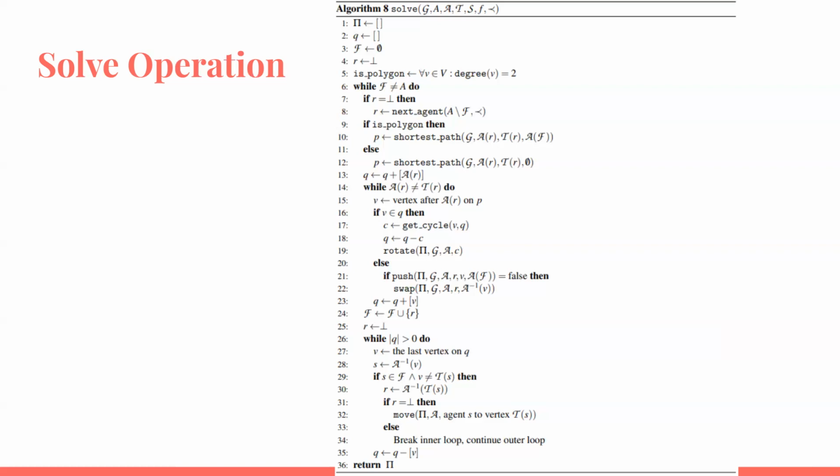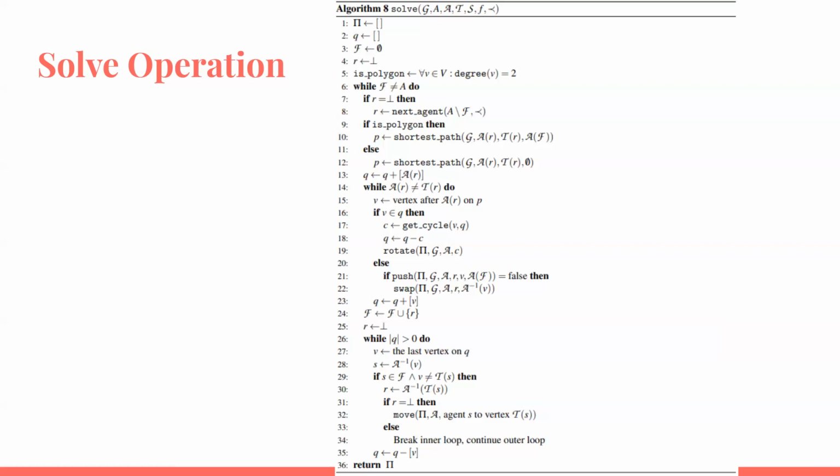It's also important to mention that when an agent reaches its final destination, it is added to a set F, which is all of the finished agents. The path that it has traversed gets recorded in Q. And the finished agents can't be pushed, only swapped or rotated, because they have a higher priority.